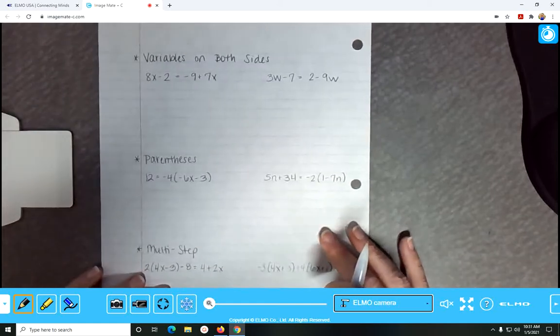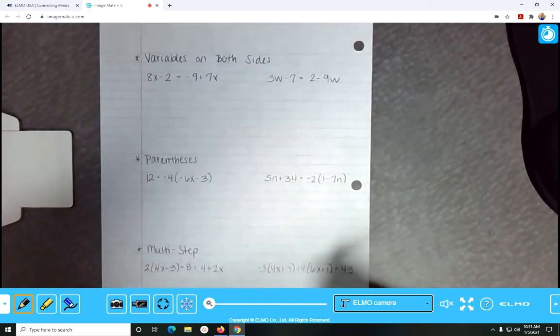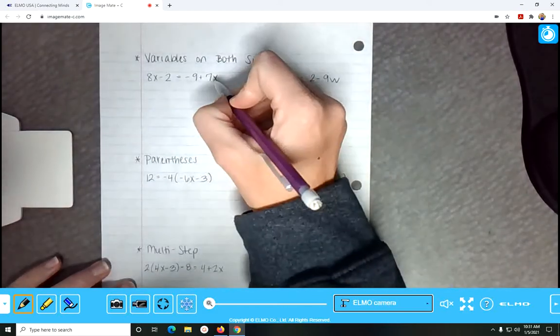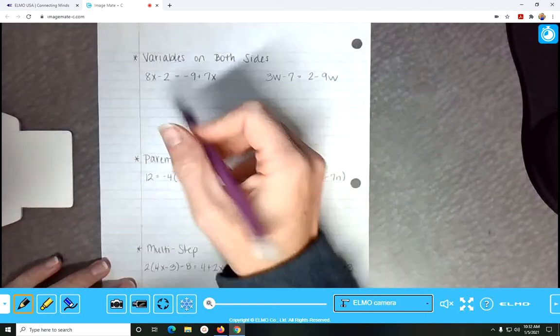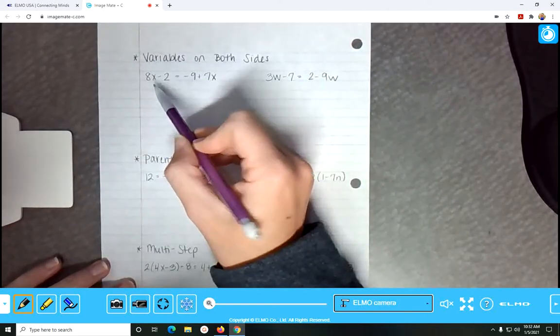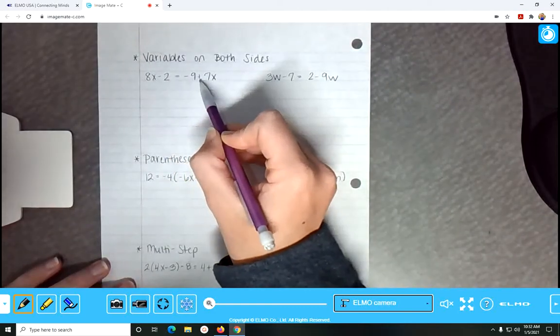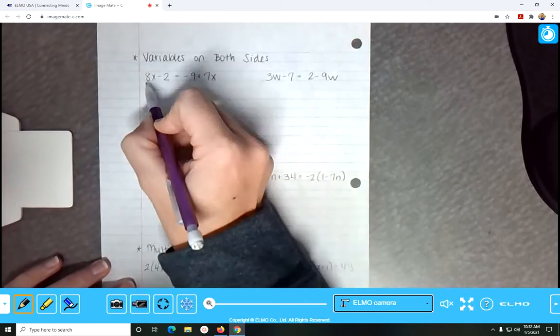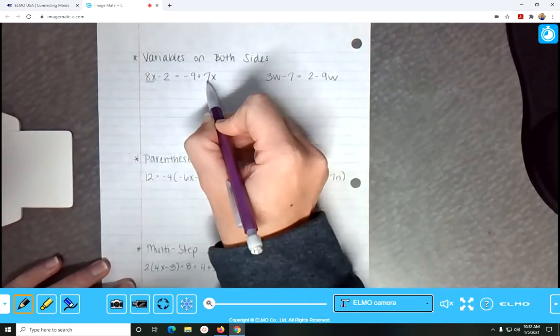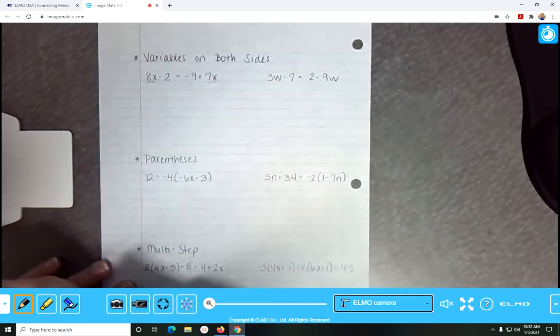Okay, the next two problems have more than one variable, but those variables are on opposite sides of the equation. So we're going to approach these a little bit differently. The first equation says 8x minus 2 equals negative 9 plus 7x. So this 8x here and the 7x here are our like terms, but because they're on different sides of the equation, we can't just combine them.